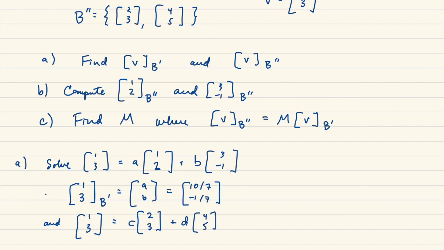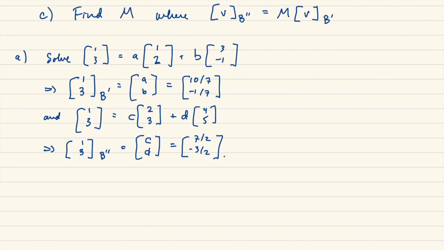So the vector (1, 3) with respect to B double prime is going to be the vector (C, D), where C and D are solutions of this system. You end up with 7/2 and -3/2. I did not set anything up ahead of time to be nice, so we do end up with fractions.